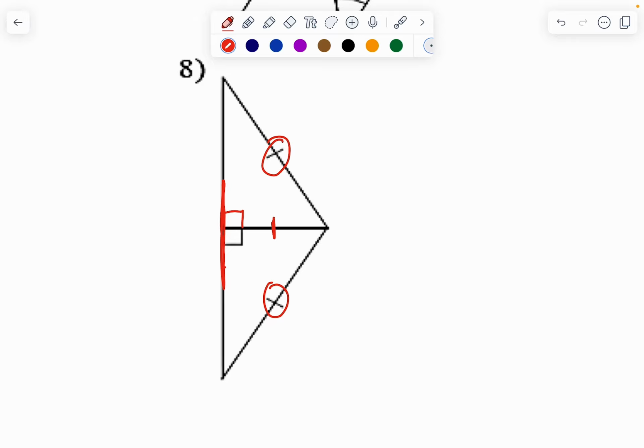So since we got a right triangle, that opens up the possibility for hypotenuse leg, and that's what this is. Some books will actually say right angle hypotenuse leg. Hypotenuse leg will be fine for our purposes. So HL, the hypotenuse is marked as congruent, and one of the legs is being shared. So the two triangles are congruent because of hypotenuse leg.